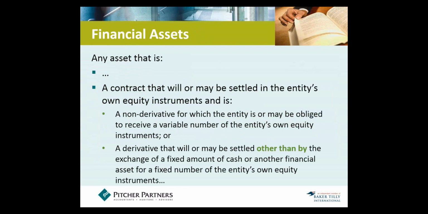We also look at it's any asset that is a contract that will or may be settled in the entity's own equity instruments, and then it goes on to talk about whether it's a non-derivative or a derivative. Now, I'll come back to this part of the definition very shortly.